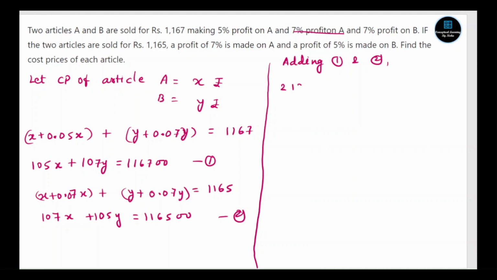So 212x plus 212y equals 233200, and now dividing by 212, we'll get x plus y equals 1100. Alright, so this is my equation 3.